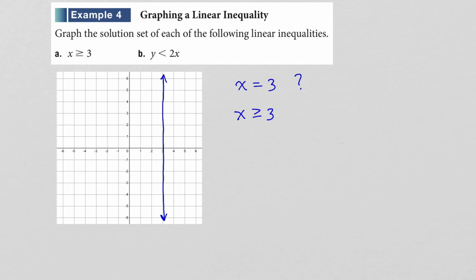Well, again, if x is greater than or equal to 3, we would have to be talking about all the points to the right of this line. So when you're graphing a linear inequality in two variables, what you're doing is you're graphing the line like you normally would, and then you're shading either one side of the line or the other side of the line to represent the solutions.